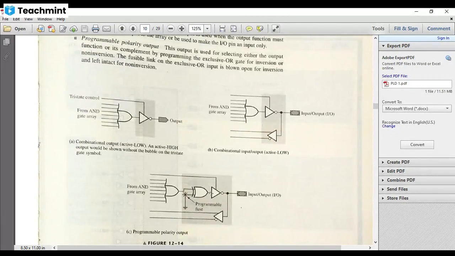So with the help of the program, we can change the polarity, or we can put the output of the OR plane as it is to the input of the tri-state buffer, or by making this fusible link open, we can reverse the polarity. If the output is 0, we can get 1. If it is 1, we can get 0. So this is the output logic.